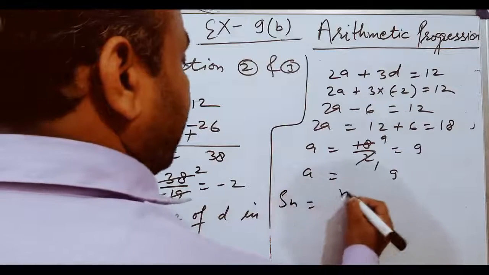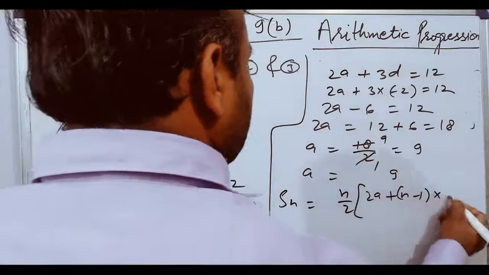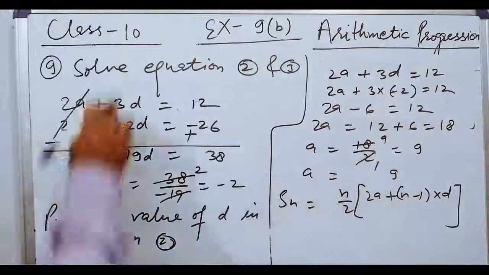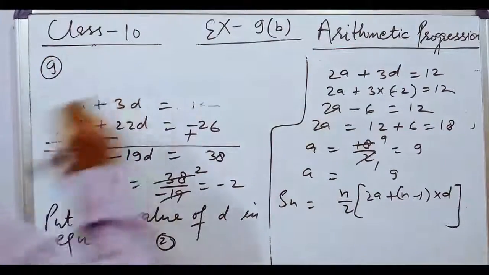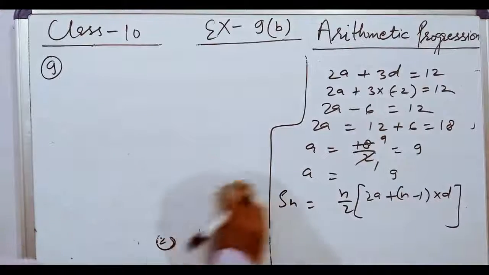Now dear student, we have to find the sum of the first 10 terms. Sn equals n by 2 into 2a plus (n minus 1) into d. We'll write the formula first, then put the value of a.